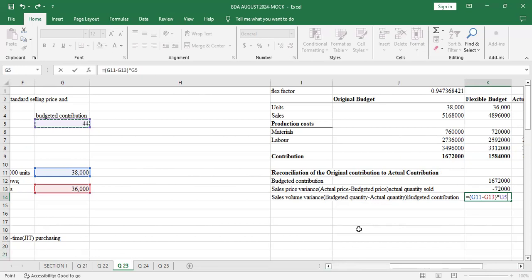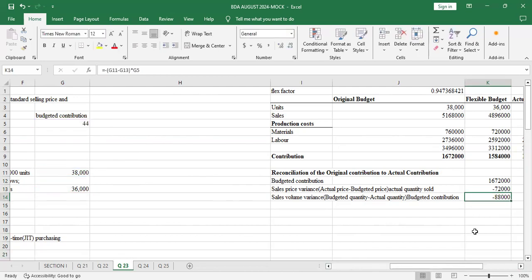As you can see, we budgeted for 38,000, but actually what we sold was 36,000 units. So it means that we budgeted for more, but we have sold less. So that's an adverse variance. So here you will introduce a negative, then you enter. So we'll have an adverse variance of 88,000.